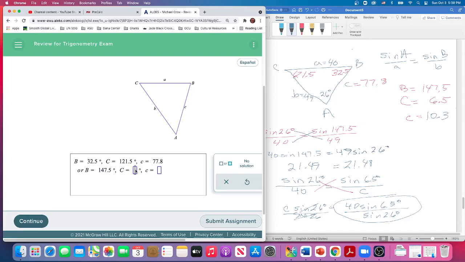But that's how you make sure if there's another triangle. When you do the inverse sine, you check for that other one. Sometimes there's not enough room, if these other angles are too big, you'd have over 180 degrees, but we didn't. We had 6 degrees left to make it all work. Okay, so that's how you solve it.